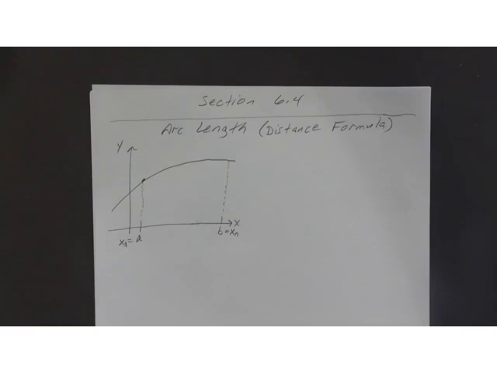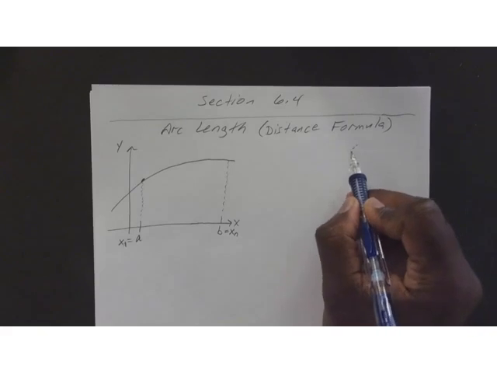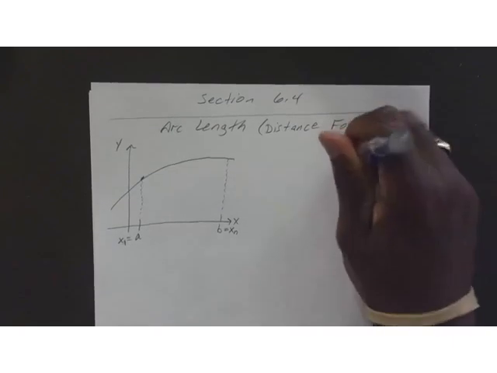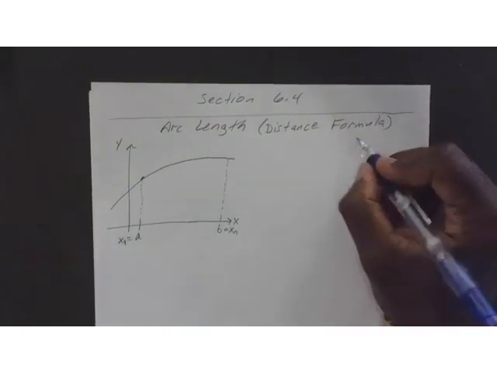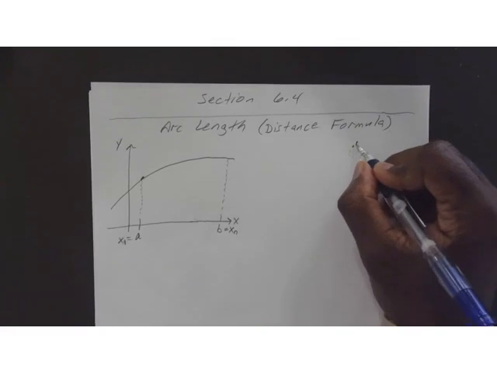Okay. So if you have any curved object, if you zoom in close enough, I don't care how much of a curve a circle has, the distance between any 2 points on that curve will look like a straight line.